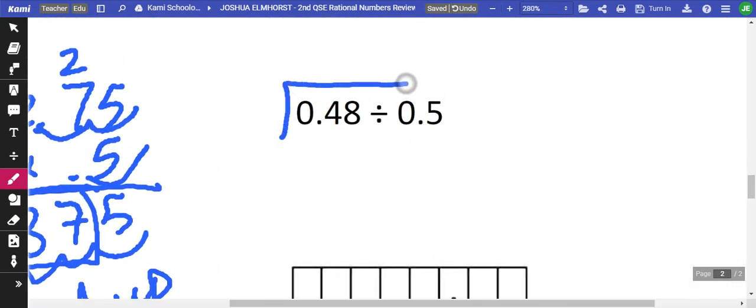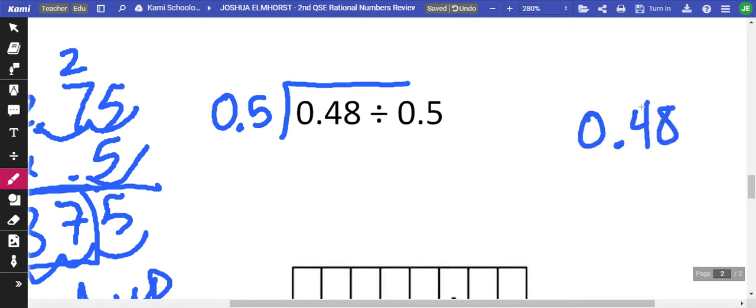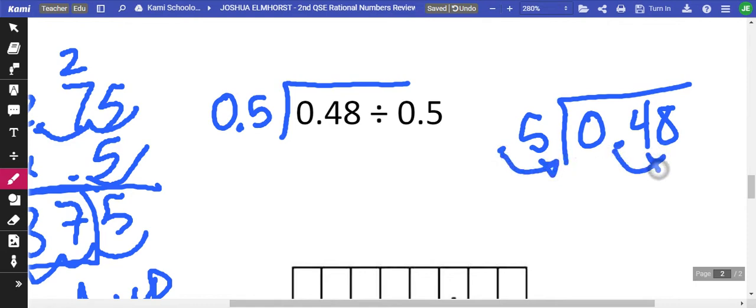So here we have first number goes in long division, and then the second number goes outside. So we have 0.48 divided by 0.5. You're going to move your decimal to make a whole number. So 5 goes in here 0 times, 5 goes in here 0 times, and 5 goes into 48.